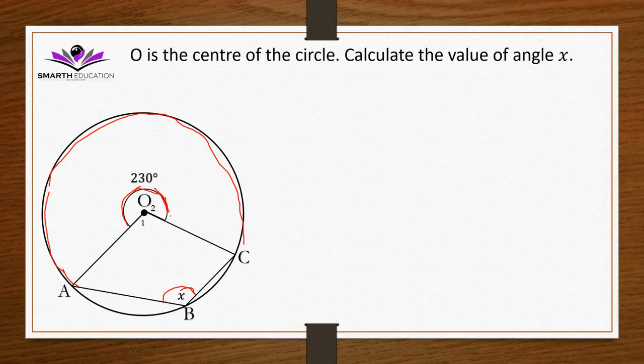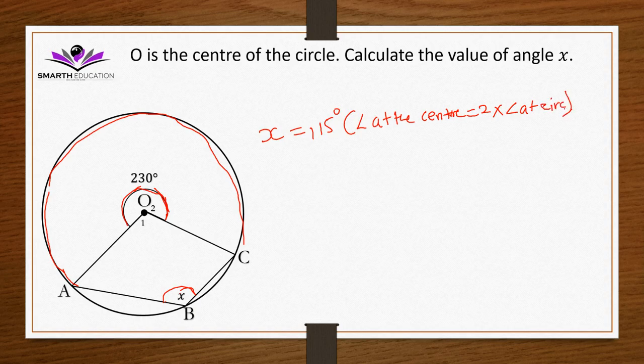Do you see they're maintaining the same side, above the lines here? So it means x is 115 degrees, because angle at the center equals 2 times angle at the circumference.